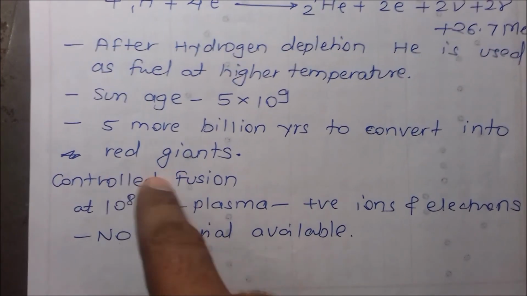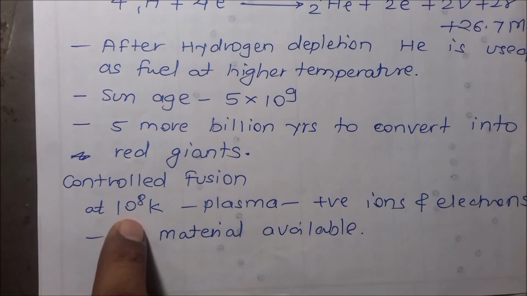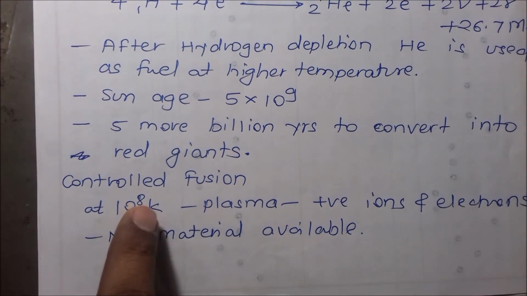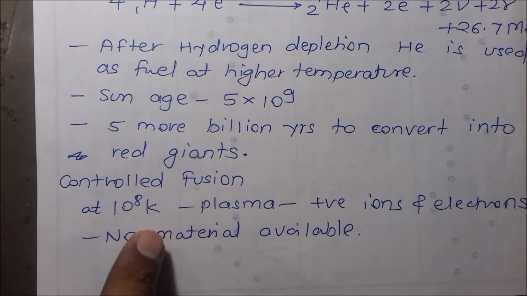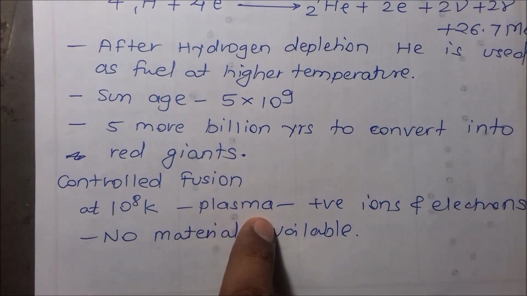If we can control fusion, then it could be a very good source of energy on the earth. But controlled fusion is very difficult, because it needs around 10 raised to 8 Kelvin temperature. At this temperature, everything converts into plasma.